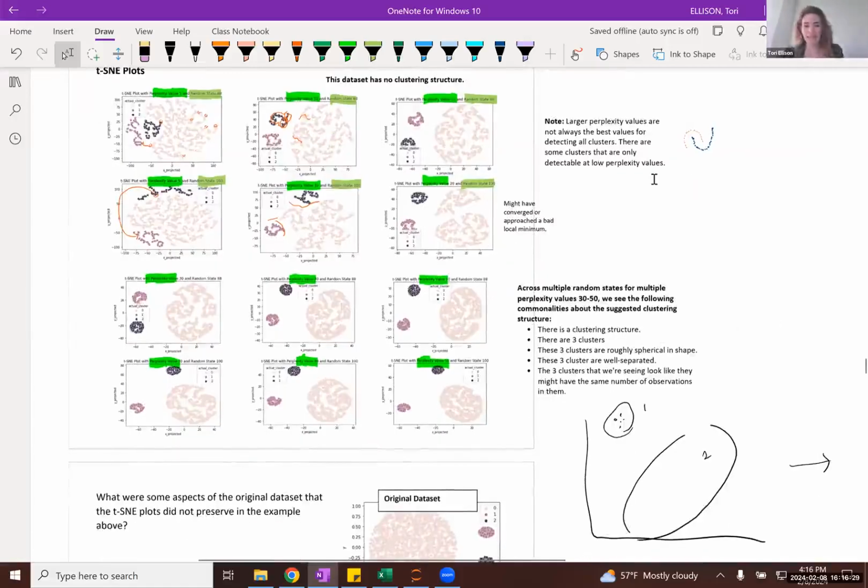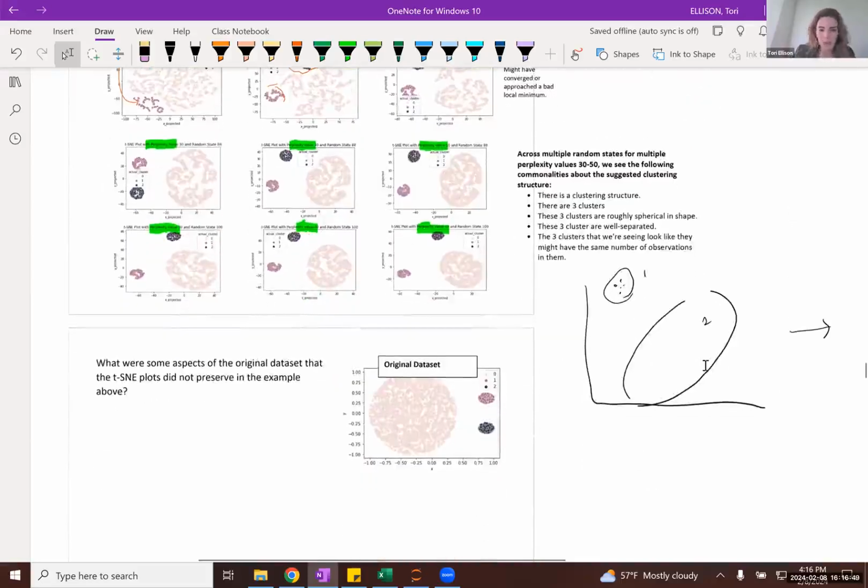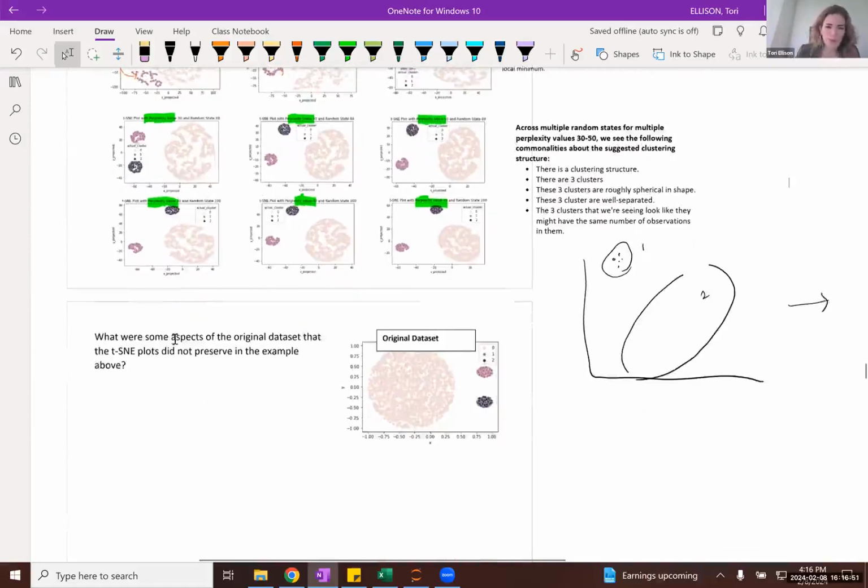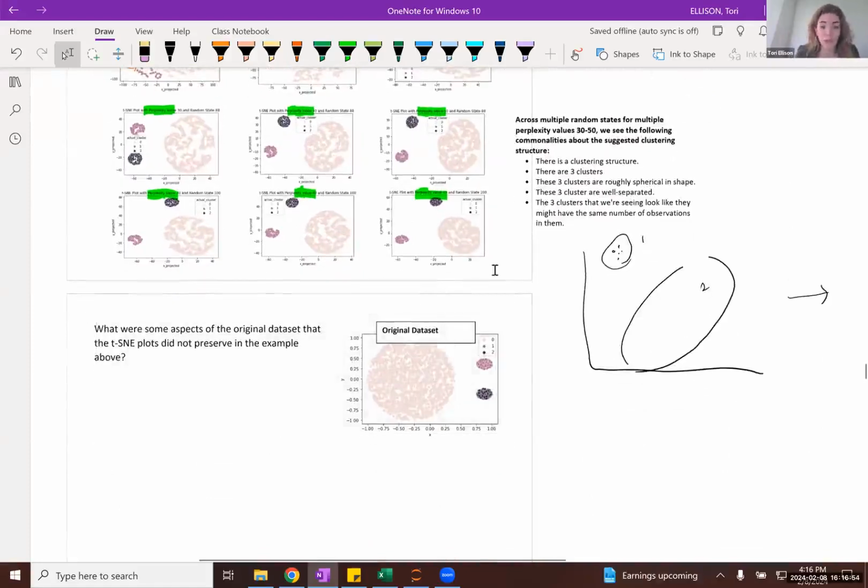All right, cool. Now, we talked about some aspects of the original data set clustering structure that we are able to see preserved if we've selected the right parameters for a given data set: the number of clusters, the shapes, whether they're well separated, how many observations are in each of the clusters. But simply based on what we've seen here, comparing our original data set to our TSNE plot projections, what are some aspects of this original data set's clustering structure that were not preserved in the TSNE plot projections?